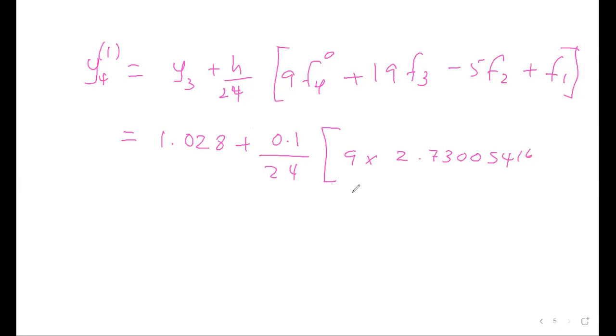Okay, 16. Again 19 times, what is our F3 actually? 2.0264, no? Again 5 times 1.464. These values we have already found.